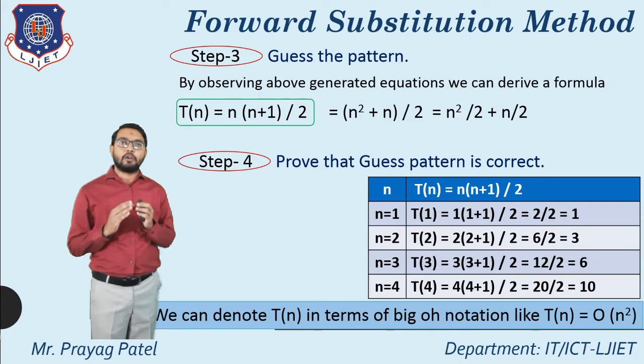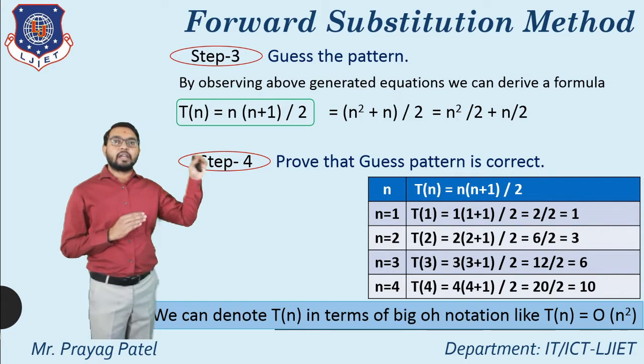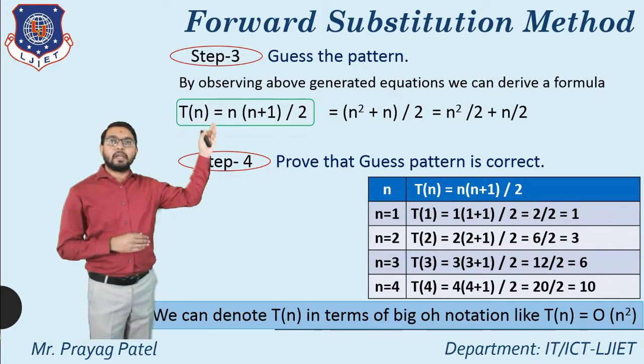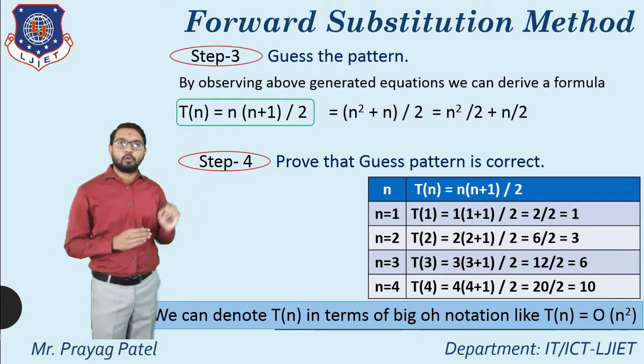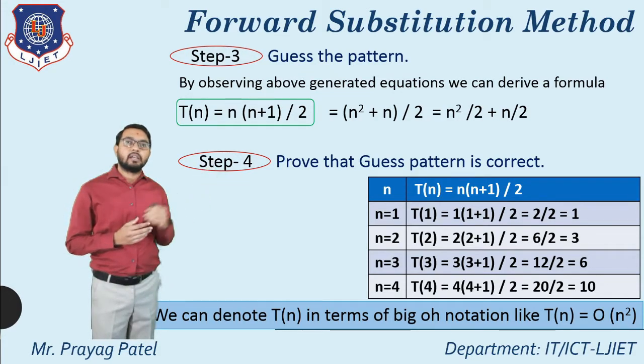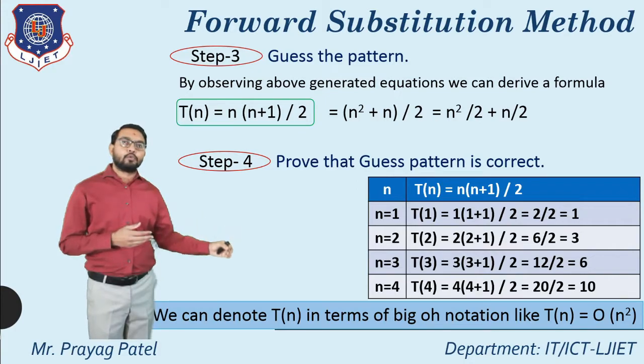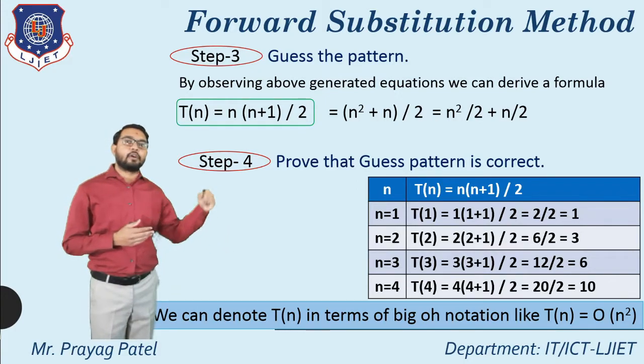If we consider n equal to 1 and put it in our common equation T of n equals n times (n plus 1) divided by 2, the answer equals 1. If we put the value equal to 2, then T of 2 equals 3. If n equals 3, then T of 3 equals 6. If we put n equal to 4, then T of 4 equals 10.